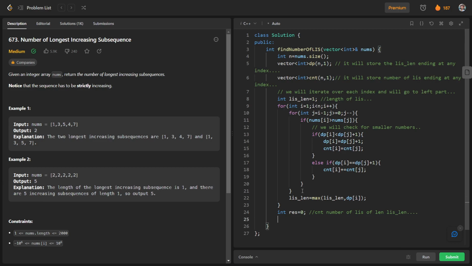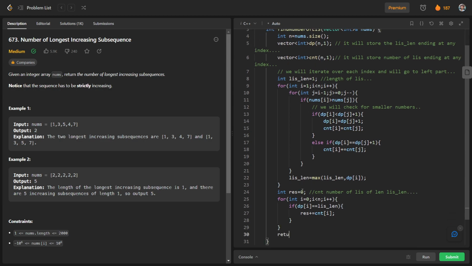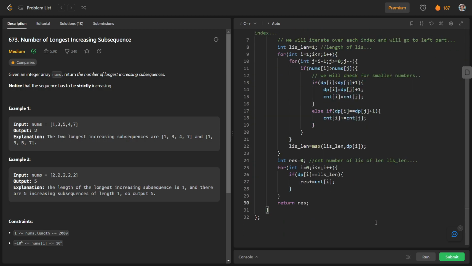We will iterate over all the elements of dp: for int I is equal to 0, I less than n, I plus plus, and if dp of I is equal to lis length, in this case we are increasing the value of res with count of I, and finally we will return it. So let us see whether the code works or not.